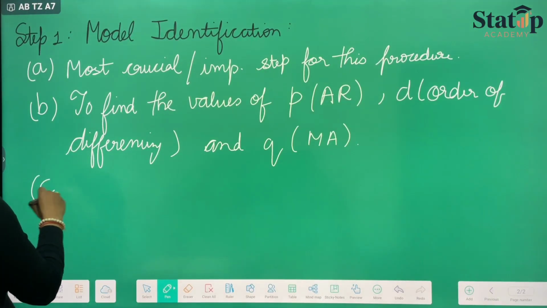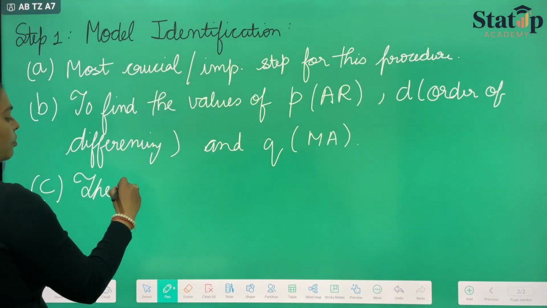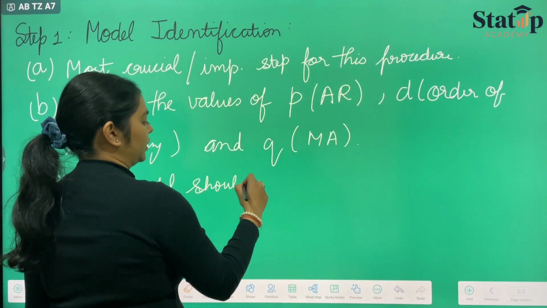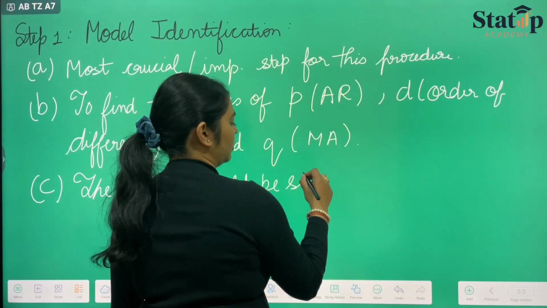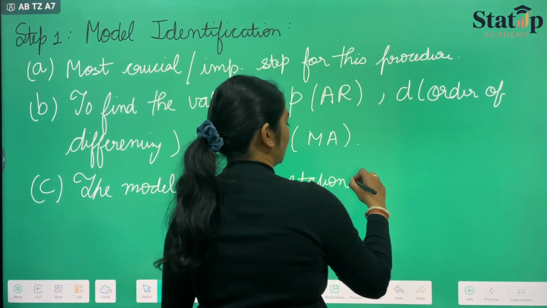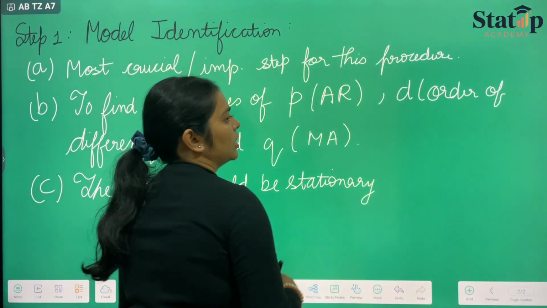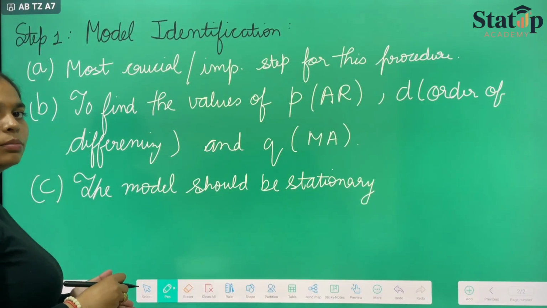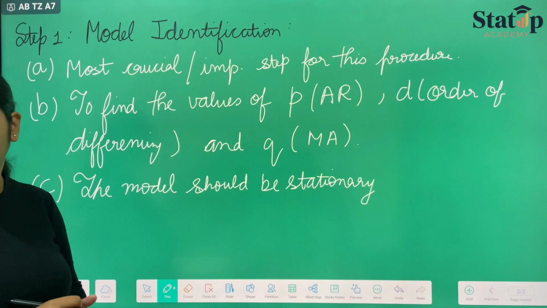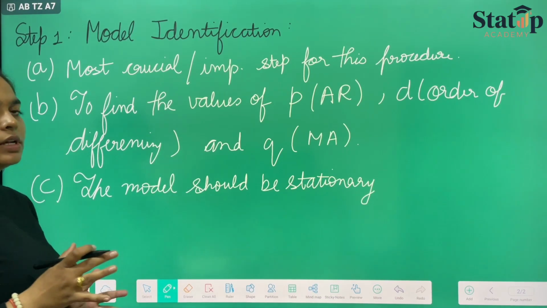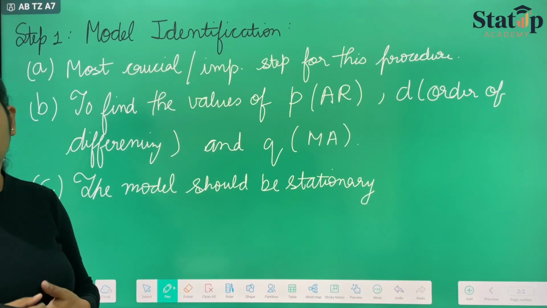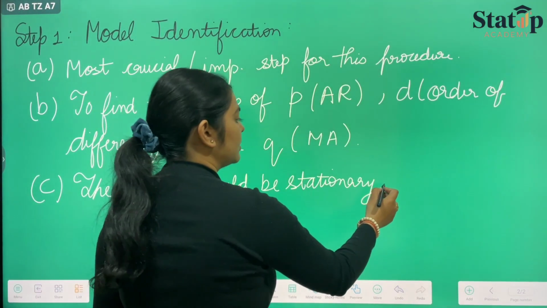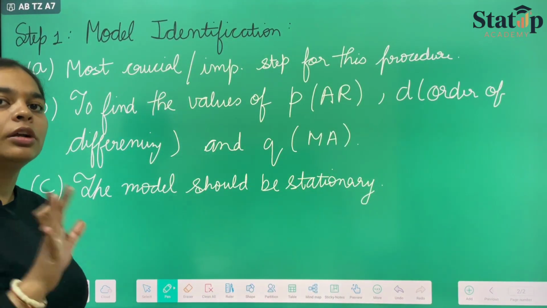Now third is the model should be stationary. This is very important. The model should be stationary. Now stationary means constant variance, constant mean, and constant autocovariance function, which means it does not change with time t. If it is not stationary, then we have to convert it into stationary.